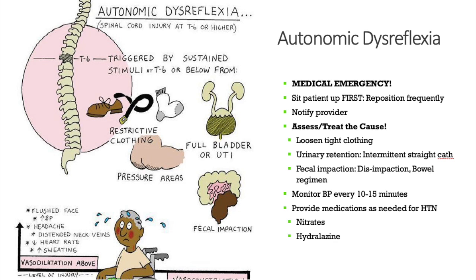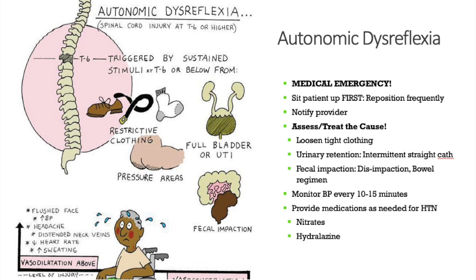So because the parasympathetic response gets stopped, we expect the blood vessels above the level of injury to start to dilate, because that's a parasympathetic response. Those blood vessels dilate. However, below the level of injury, where the stimulus is at T6 or below, we are still having vasoconstriction as a result of the sympathetic response.